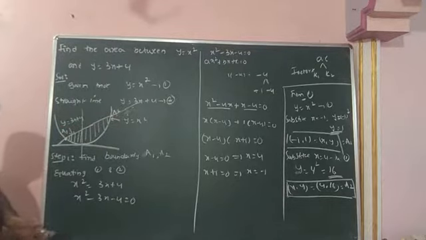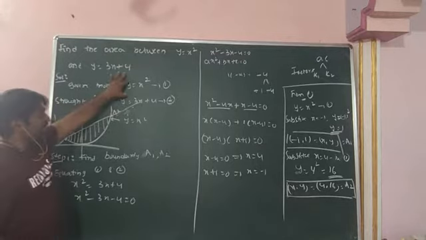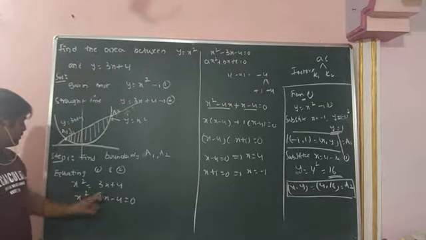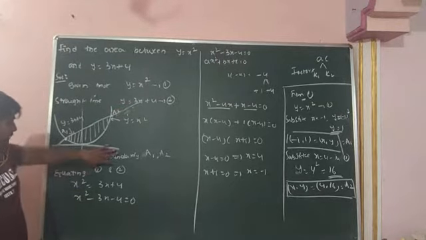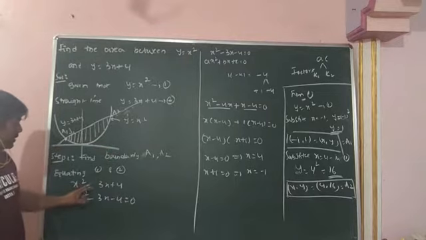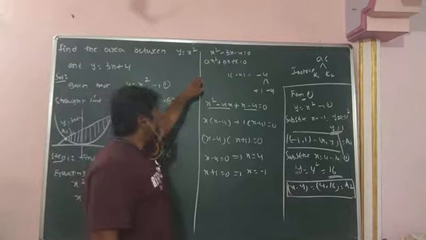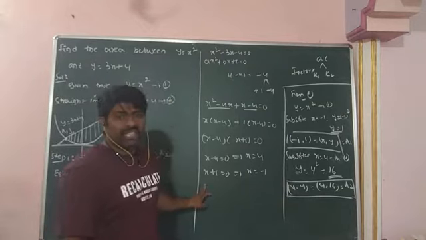Okay, so how do we find these boundaries? Equating these two, we get x square equal to 3x plus 4. Then we need to find the x values, that is the roots of the quadratic equation.